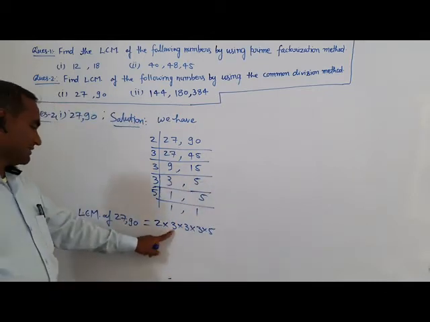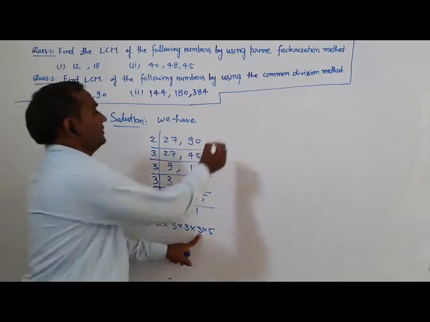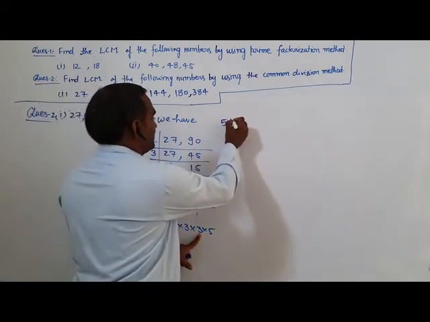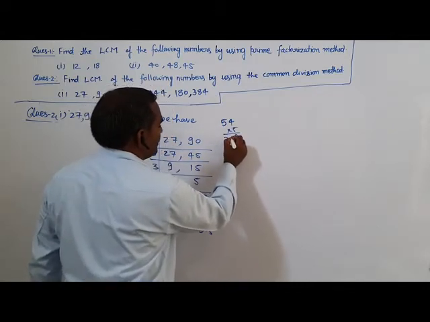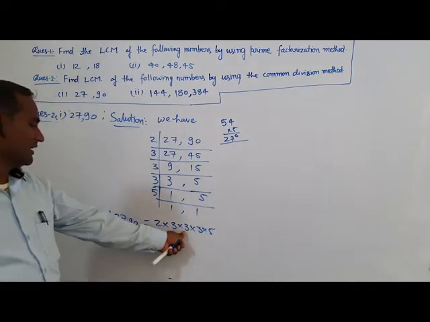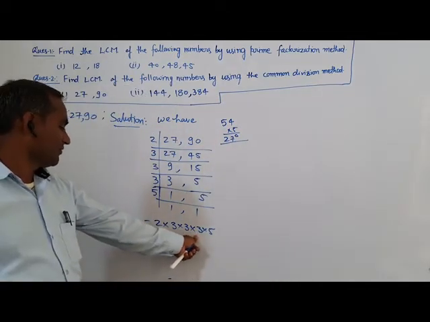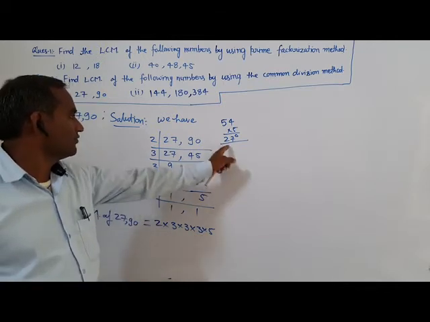2 threes are 6, 6 threes are 18, 18 threes are 54, into 5. 54 fives are 270.